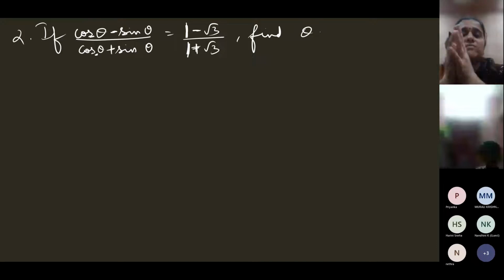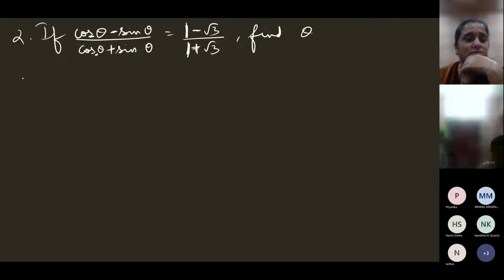How will cos theta become 1? Divide by cos theta. Yeah, who's that? I'm Ramanathan. Ramnathan, very good. We have to divide both the numerator and denominator by cos theta. Very good, Ramnathan. We need to divide both the numerator and denominator by cos theta.